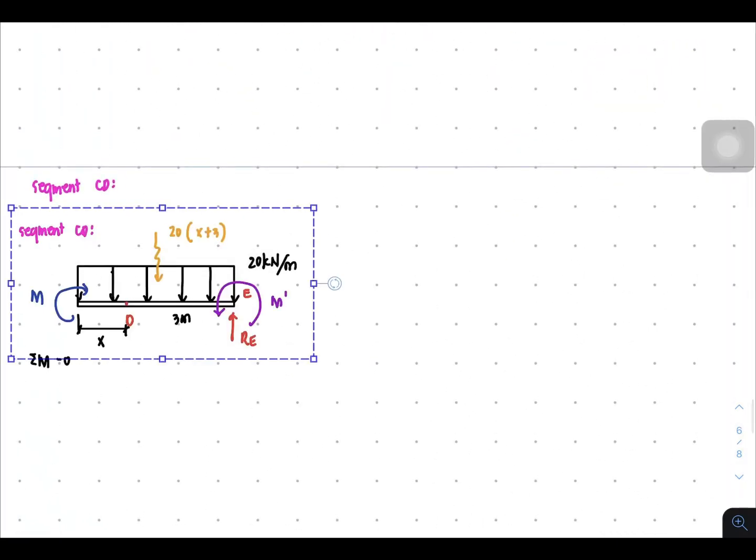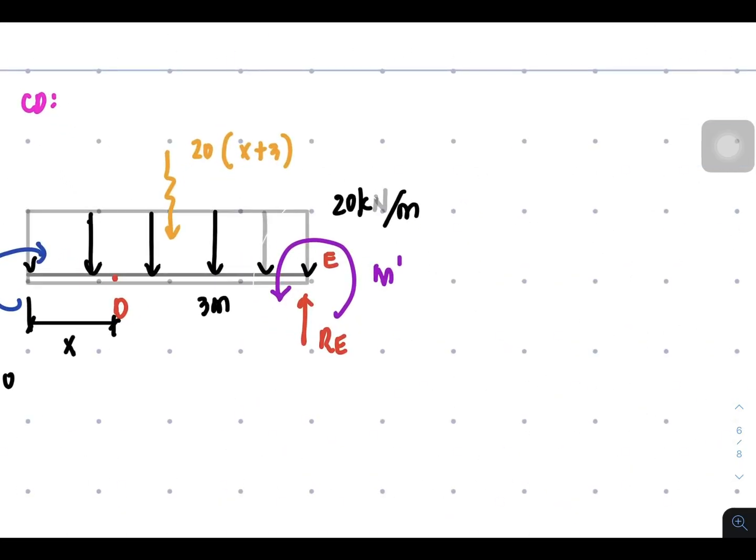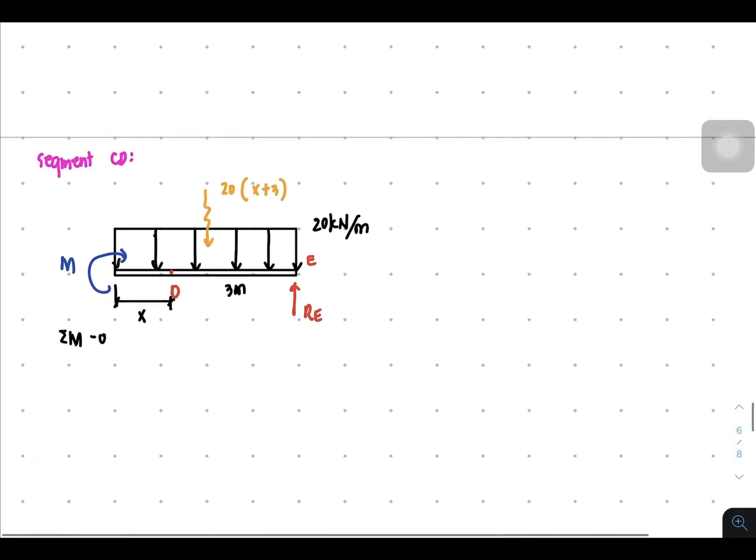And then paste it here. Right, and of course this portion here, no? So this portion here is no longer included there, so we will just remove it because it is no longer there.